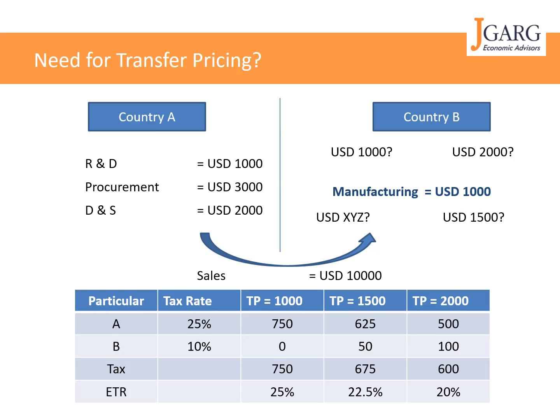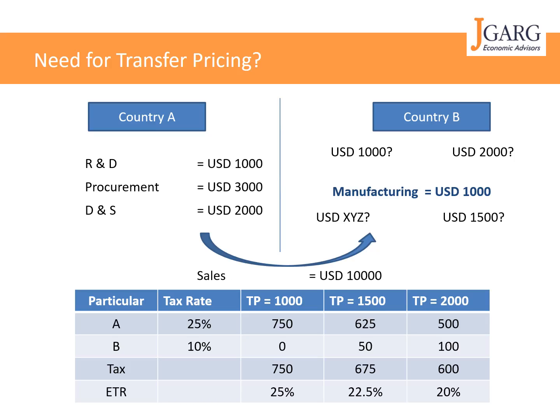If the transfer price is getting higher, 1000 in the first case, 1500 in the second case, and 2000 in the third case, the profits are getting shifted from country A to country B. When the transfer price is 1000, that is the cost of country B, the effective tax rate which this company paid was 25%, whereas when the transfer price went up to 1500, the effective tax rate came down to 22.5%, and when it went up to 2000, the effective tax rate came down to 20%.